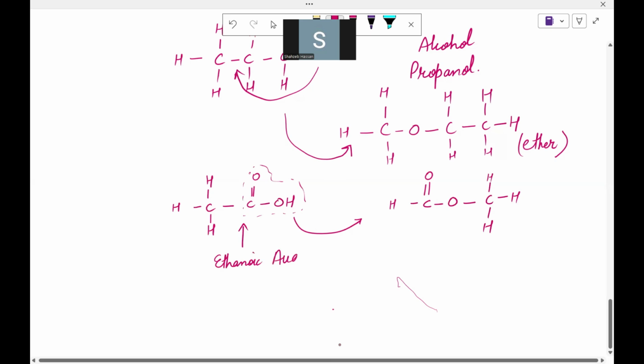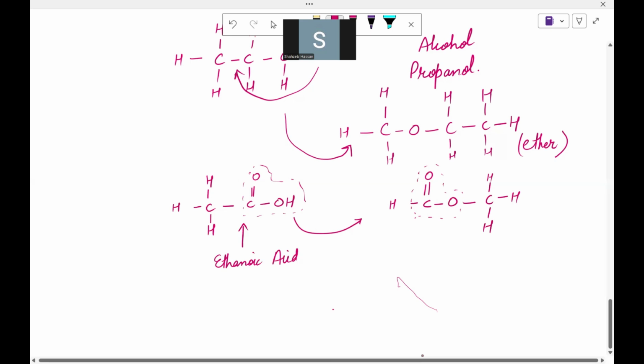And if this carbon double bond O and this O is moved to this point, so it has become, now what is this one to be called? I have just told you before, it is an ester. Yes, this has become an ester. And how do we name it?